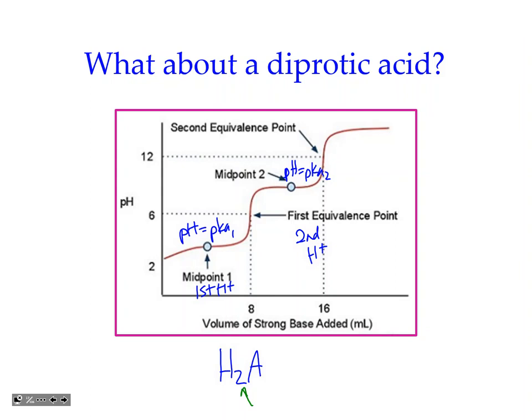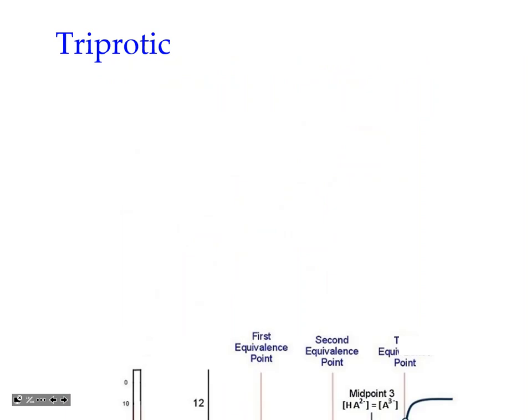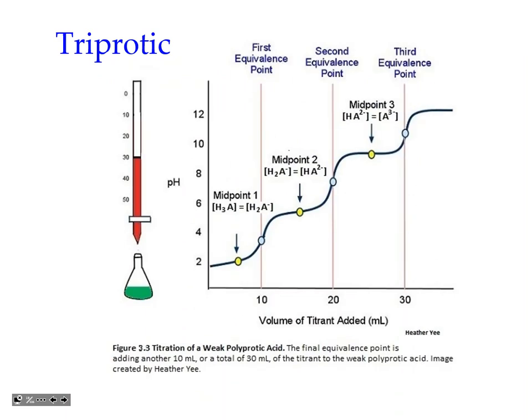So I'm sure you can now imagine what it looks like for a triprotic acid. The triprotic ones, so you can see here, have three buffer regions, three inflection points, and three equivalence points. You're starting here with your triprotic acid, like so.